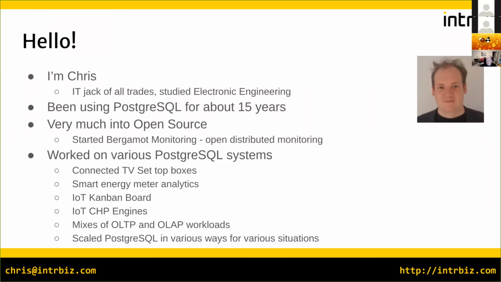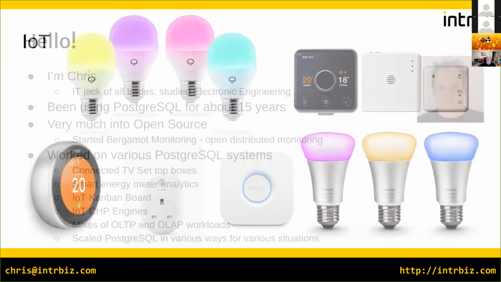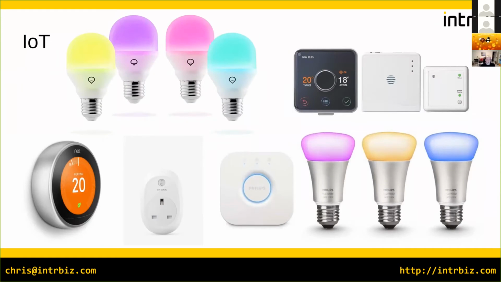And obviously, the fact that I'm at a LUG, I'm very much into open source software and even have several open source projects of my own. So when we talk about IoT, we tend to think more about the things that are more visible, usually to consumers. So for example, smart light bulbs, smart heating thermostats, maybe smart switches, all these devices that you can have in your home that will connect up to some kind of platform somewhere, and either be interactive or send data.